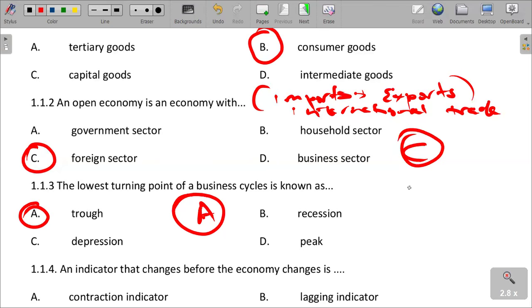So its lowest point is called the trough. And the opposite of a trough is a peak. A peak is the highest point, when economic activities have reached their best performance limit. We call that a peak, which is the highest. And the opposite of highest is the lowest, which is a trough.